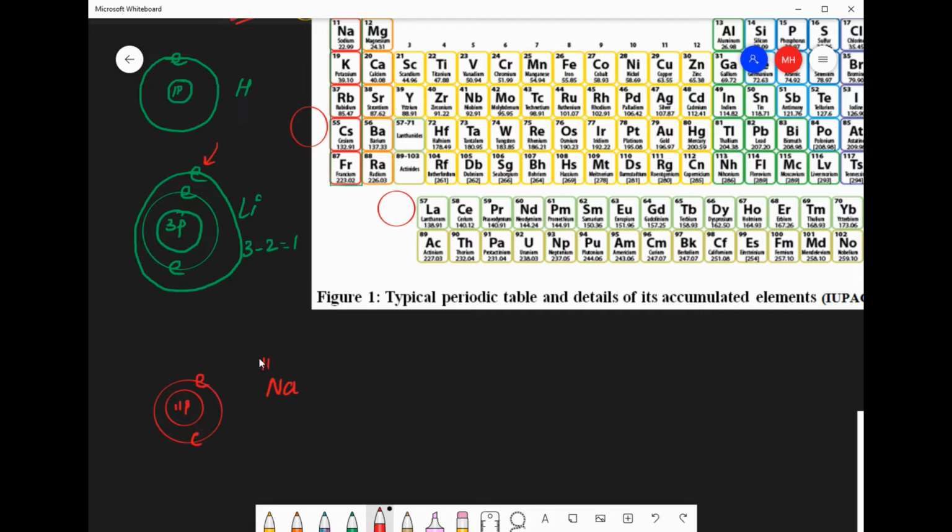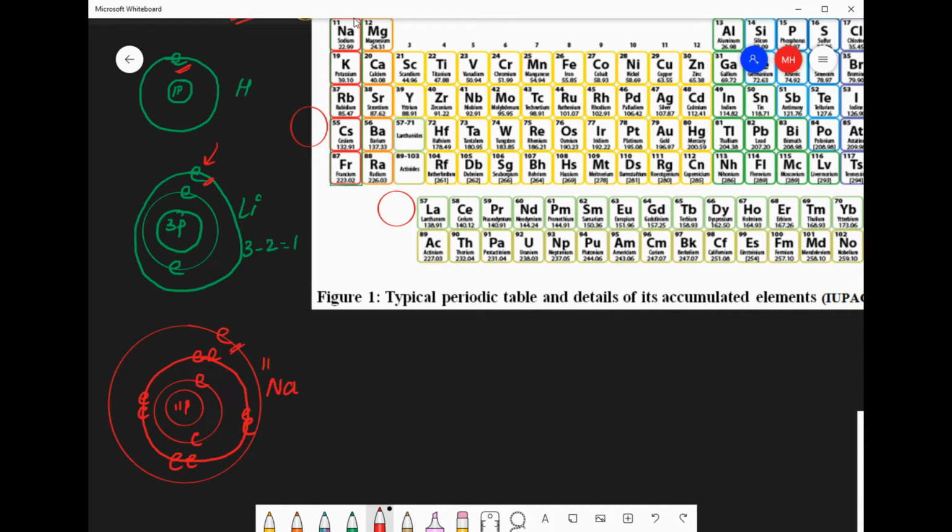So I will draw 2. 11 minus 2, so 9 left. The second shell can handle 8, so 1, 2, 3, 4, 5, 6, 7, 8. So overall I have drawn 10 electrons. How many are left out of 11? Just one is left, so one will go in the last shell. Can you see that the structures are different, but because hydrogen, lithium, and sodium belong to the first group, their last shell has one electron.